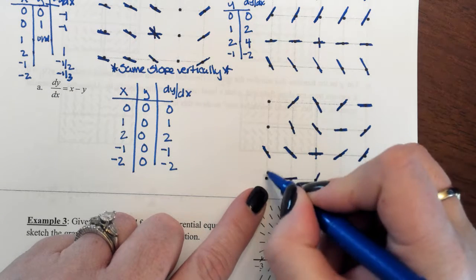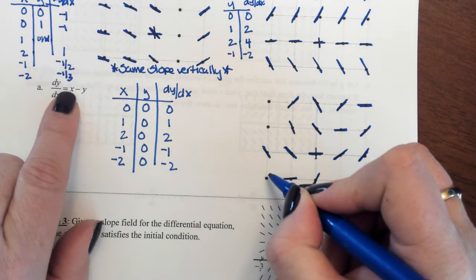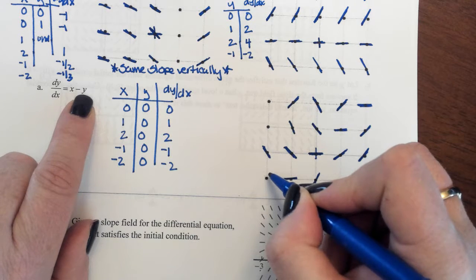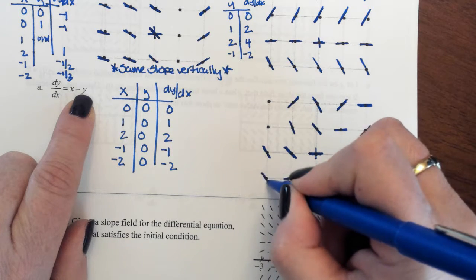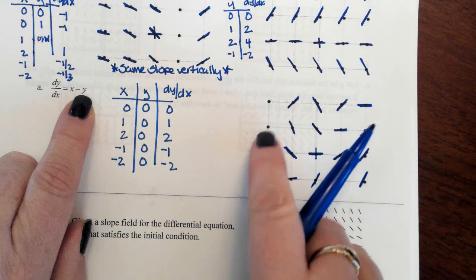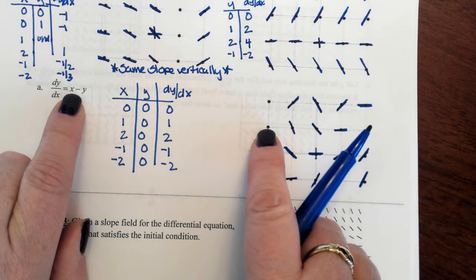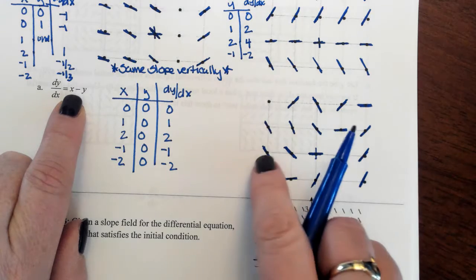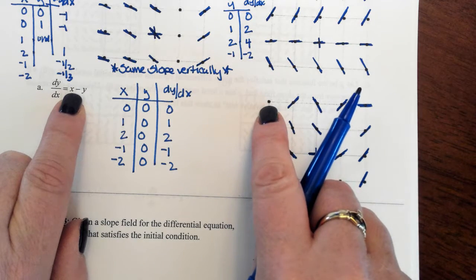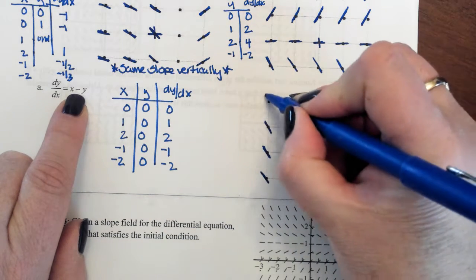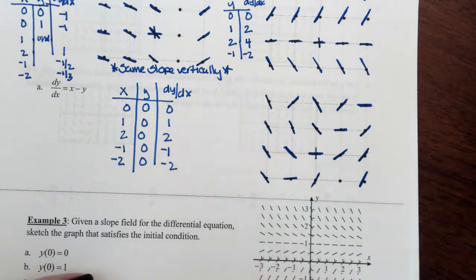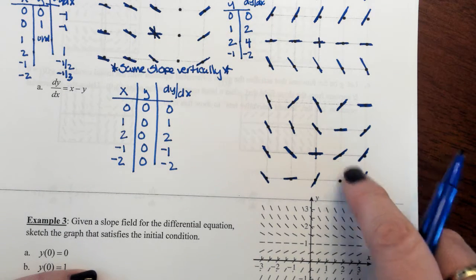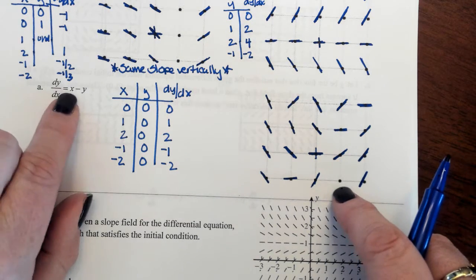And then we've got -2, -1. -2 minus -1 will give me a slope of -1. -2, 1. So -2 minus 1 is -3. And then -2, 2. -2 minus 2 is going to give me a slope of -4. And then I have 1, -1. So 1 minus -1 will give me a 2.